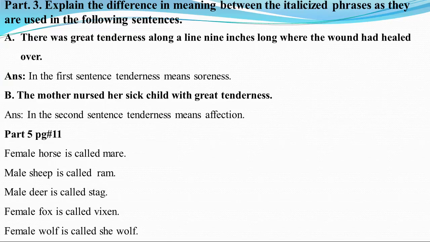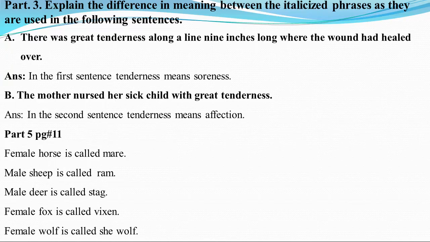Now come to the next page, page number 11, part 5. A she elephant is a female elephant. A male elephant is called a bull elephant. What is a female horse called? A female horse is called a mare. B part is, what is a male sheep called?